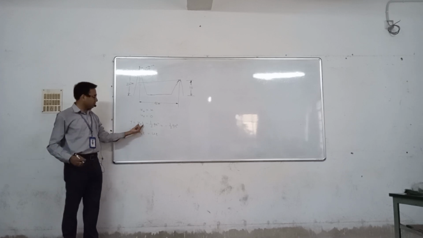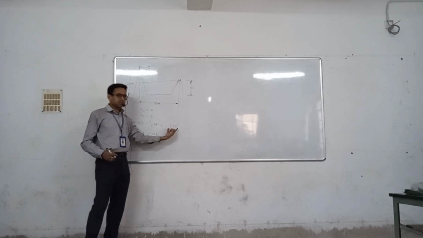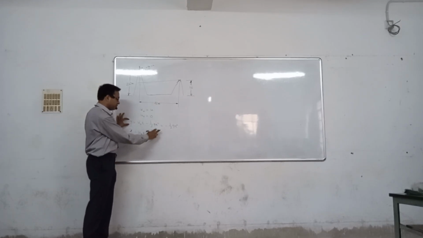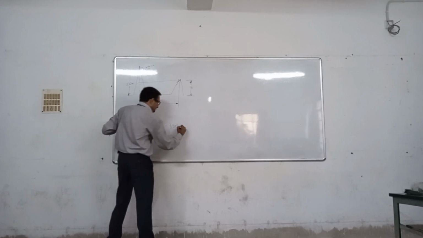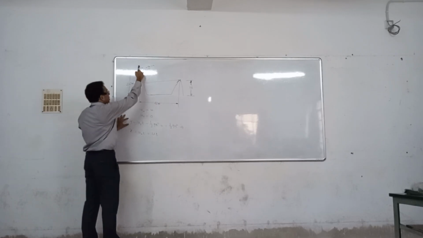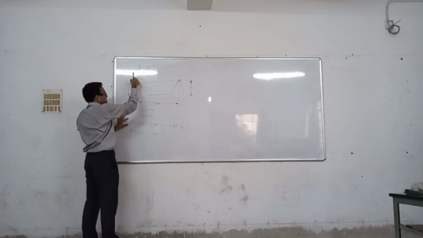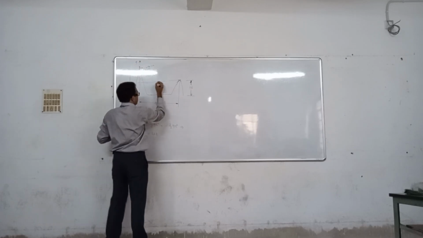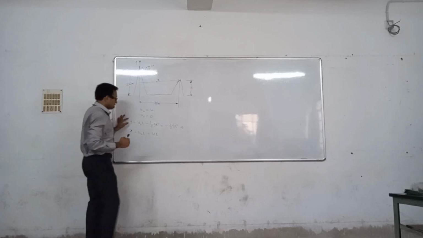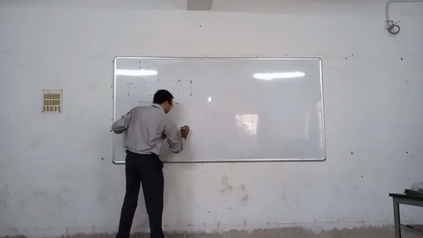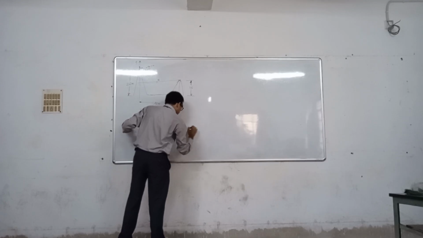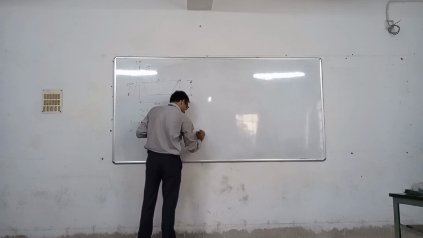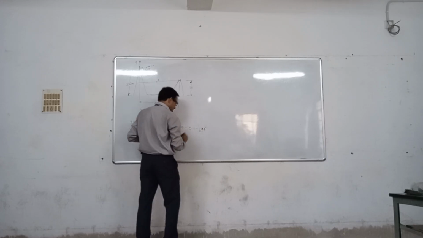Now I know uy is 0, so it will be minus half g t square. You see that g is clearly known, but t is unknown, so I will first solve this one. Here y is minus 10 because it is in this direction; I will take y positive in this direction and x positive in this direction. So minus 10 is equal to minus half g t square.